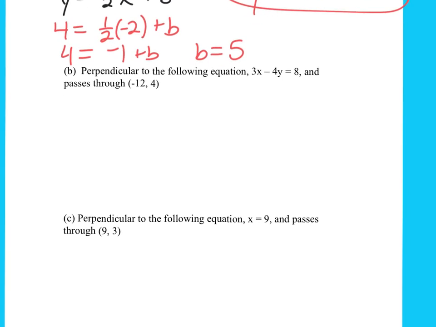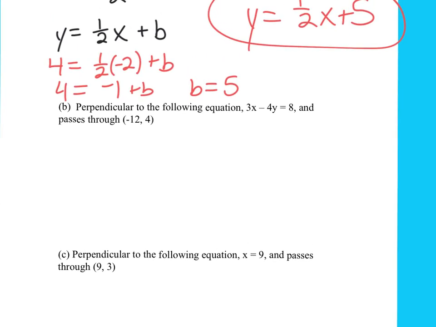Next one, perpendicular to the following equation. How do I do that? Subtract the 3x. -4y equals -3x plus 8.